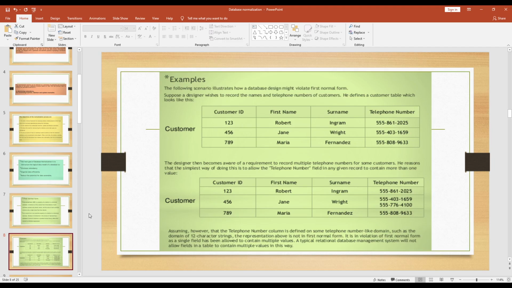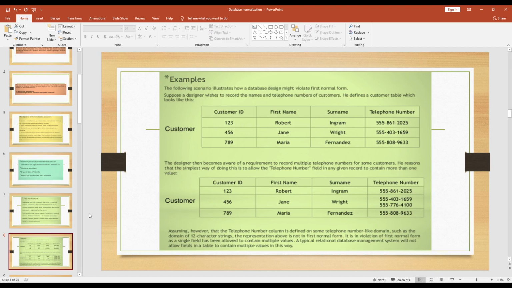The third column is surname: Ingram, Wright, and Fernandez. The fourth column is telephone number: 555-861-2025, 555-403-1659, and 555-808-9833.